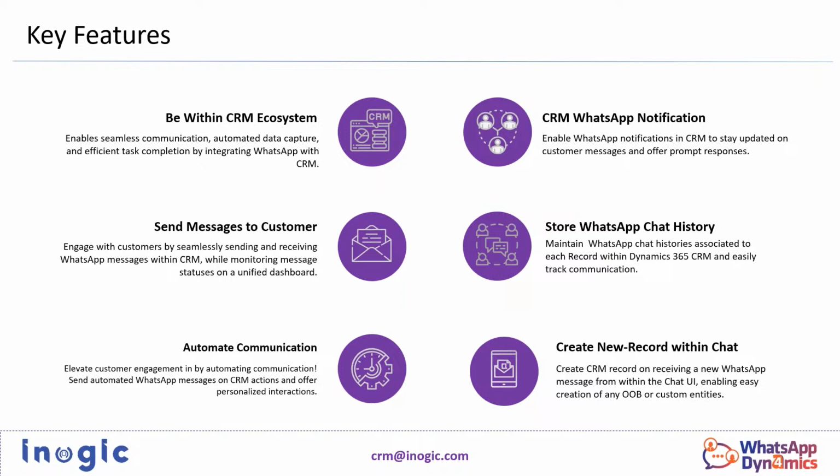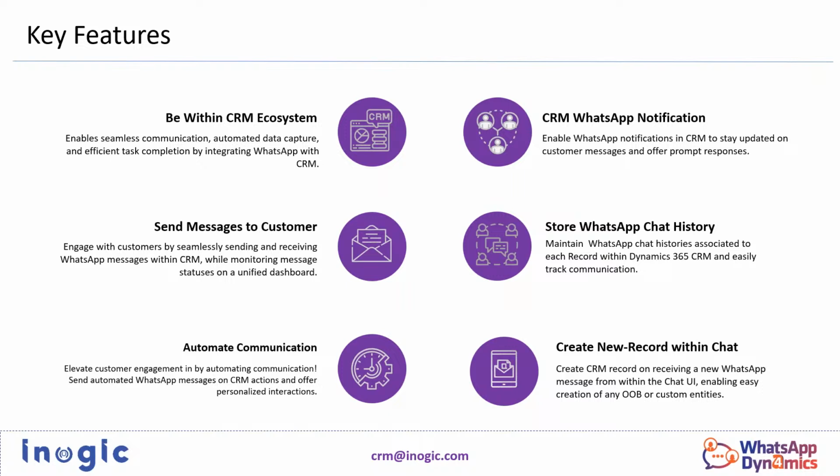Or create a new record within the chat UI. Whenever you're communicating with your customers, you have the chat UI, and on the go, if you want to create a record, let's say you feel this could be a good opportunity or a good lead for me, I can create a lead by entering the information.